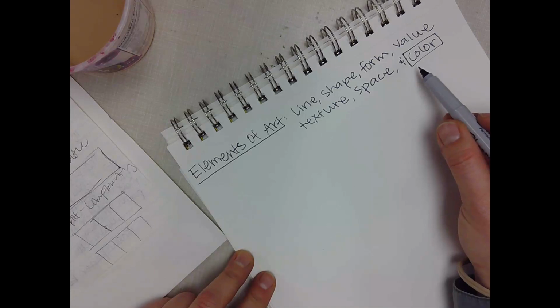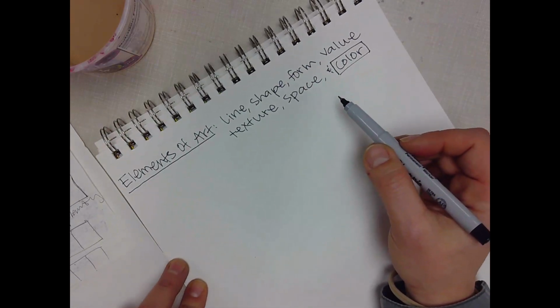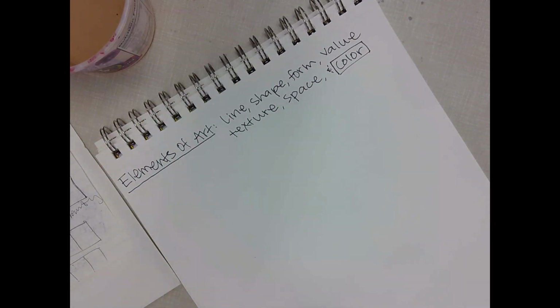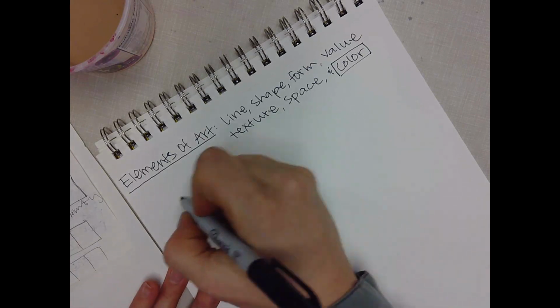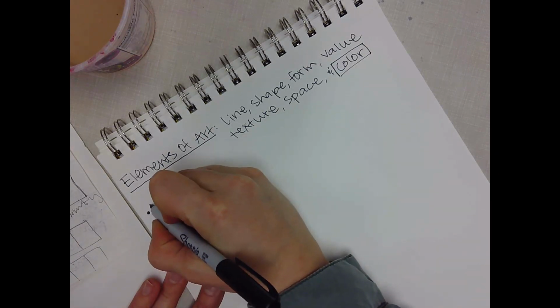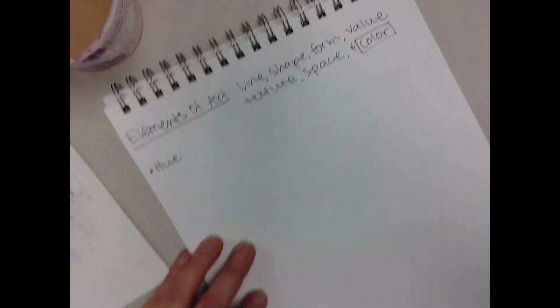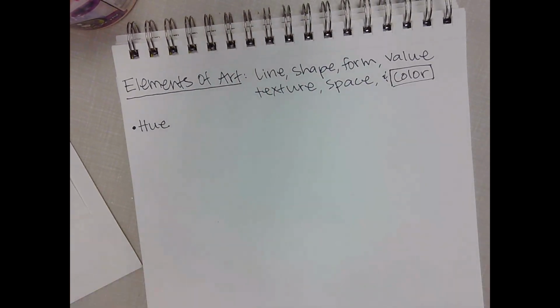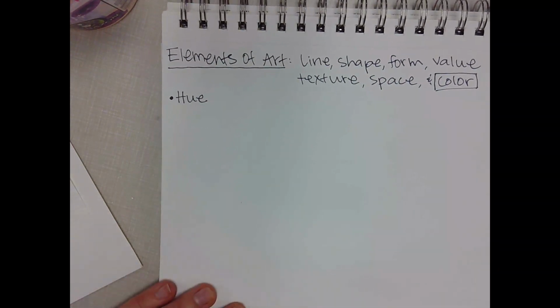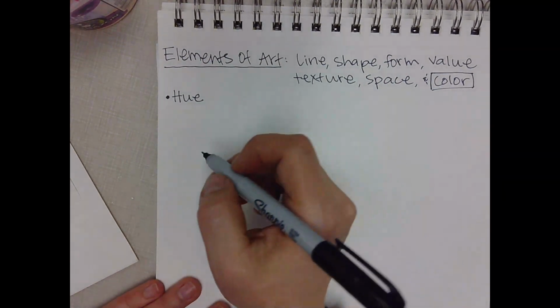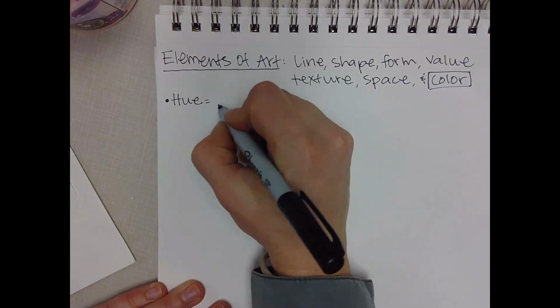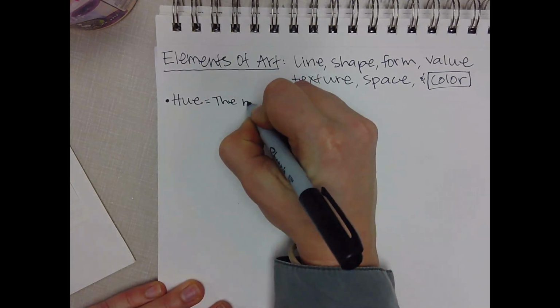When we talk about color, we talk about three different properties of color. The first one is hue. Hue is just the name of a color.